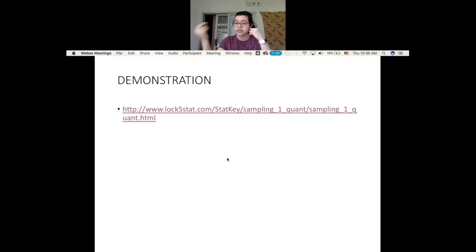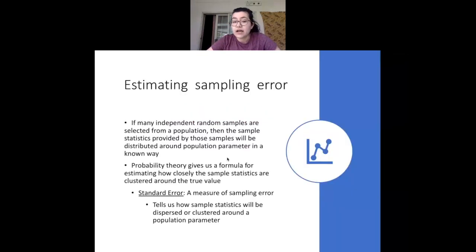The more samples that you develop for a larger population, the closer you're going to get to be accurate towards what the actual parameter estimate for the larger population is. And estimating sampling error is what we've been talking about. The more samples you have, the less your error is.